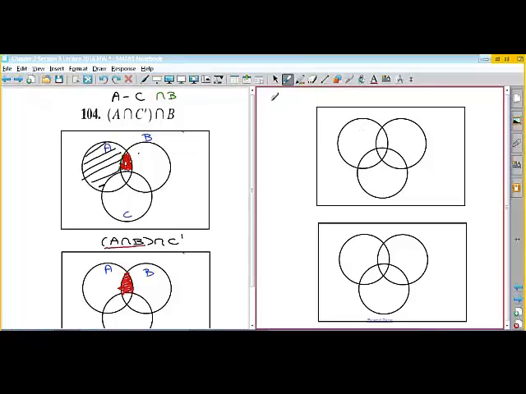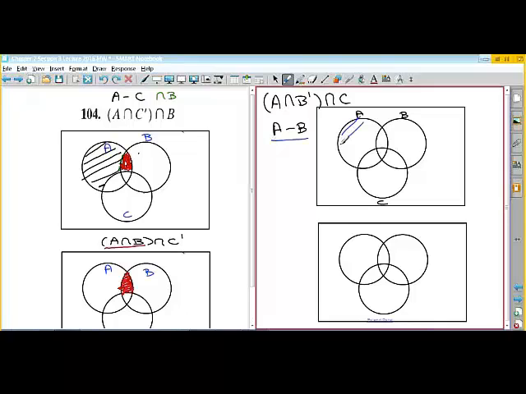So let's take A intersect B complement intersect C. What we would do is say, okay, this is set A, this is set B, this is set C. So A intersect B complement is the same as A minus B. So A is this, minus B, you take this part out.